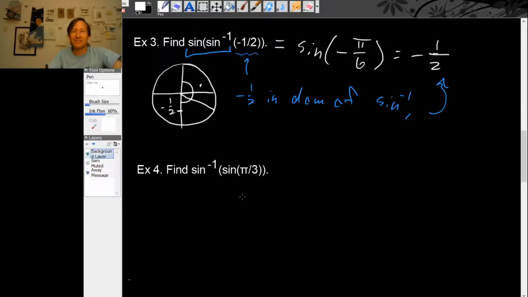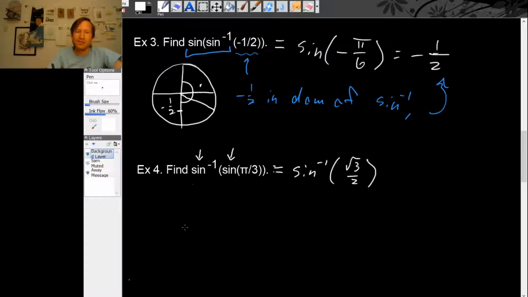All right, let's look at something similar, inverse sine of sine of π/3. This one's a little different because the regular trig function is on the inside and the inverse trig function is on the outside. So let's just evaluate this from the inside out. Sine of π/3, that's one of the nice values, is √3/2.